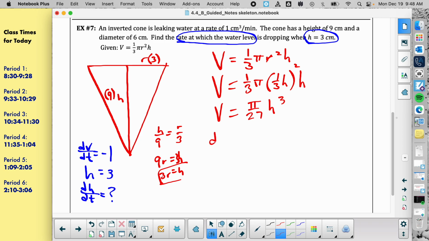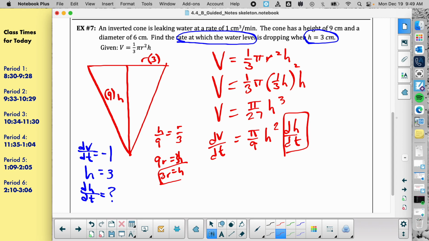So dV/dt is gonna be 3 pi 27ths, so pi ninths, h squared dh/dt. And then this one, we're trying to find dh/dt, but we have a number to put in place of h, and we have a number to put in place of dV/dt. Substitution, if you need to use it, you're gonna wanna do it before you do the derivative.